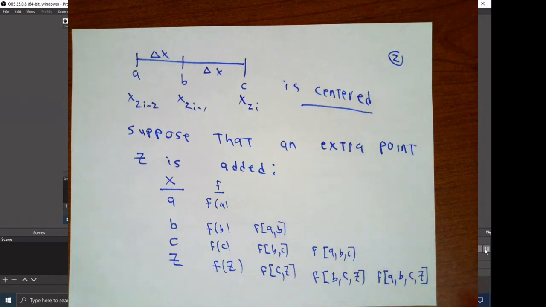This will alter our Newton table by having a row that has z and the function value with z. And once we have those, we have an entire new row of coefficients.